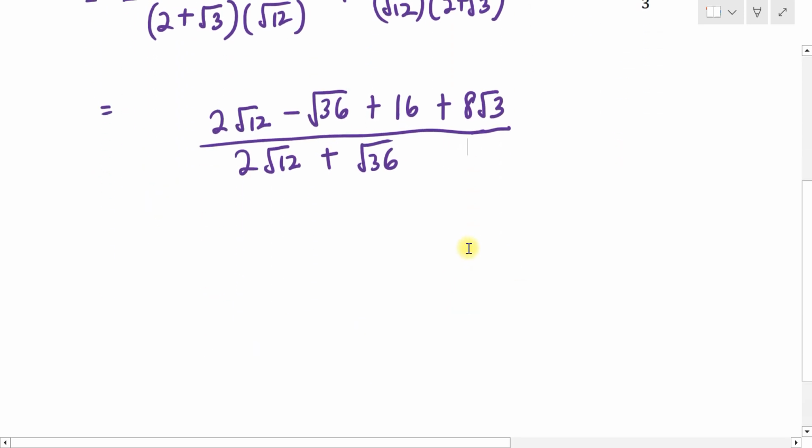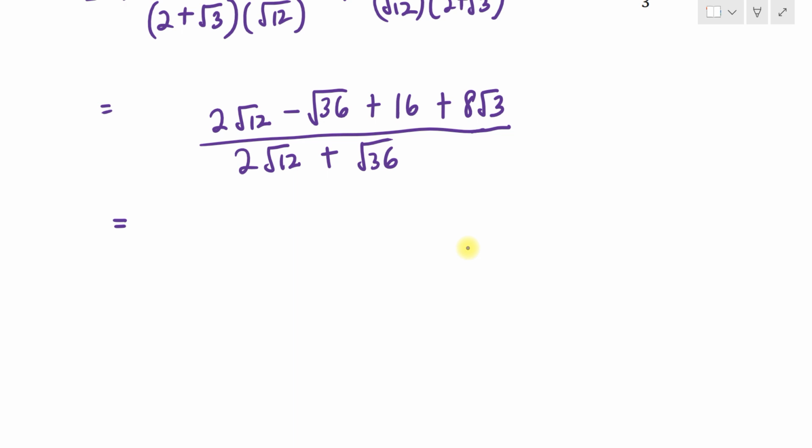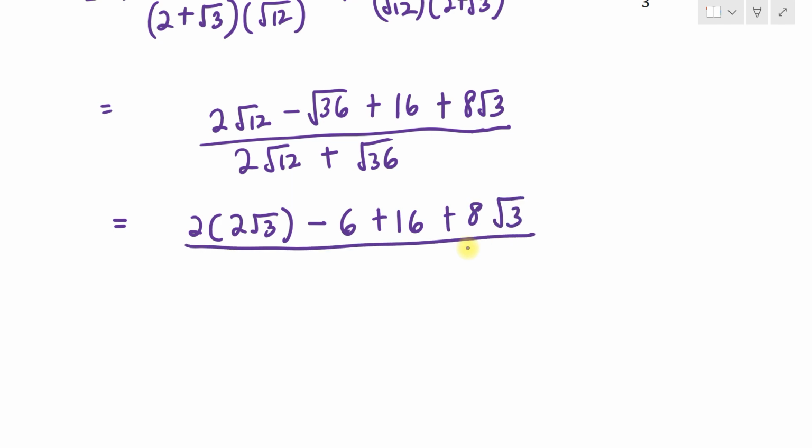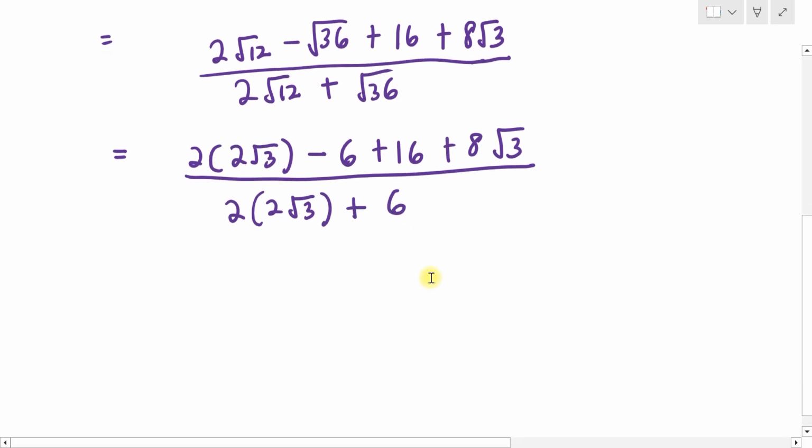Okay, now you can simplify the answer. √12 is what? Press in your calculator, you can get the simplified answer. √12 is actually 2√3, minus √36 is minus 6, then plus 16 plus 8√3, divide 2√12 is 2√3 as we found out just now, plus √36 is 6. Okay, let's simplify this up.